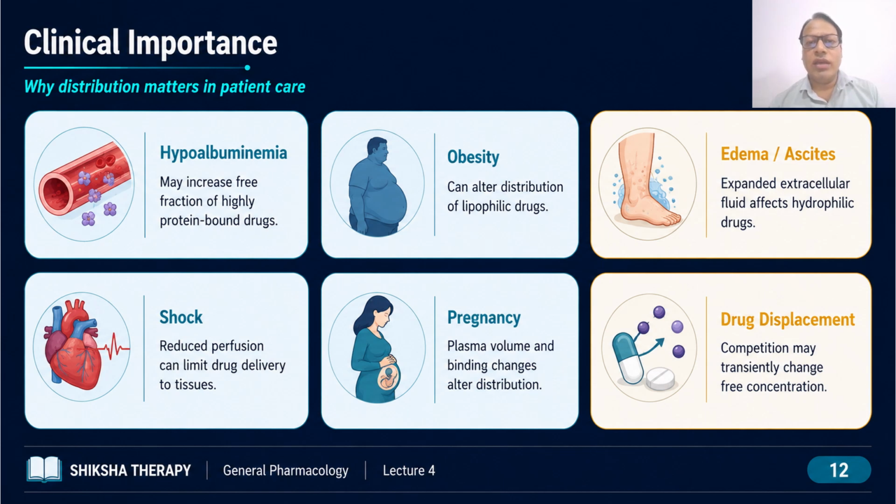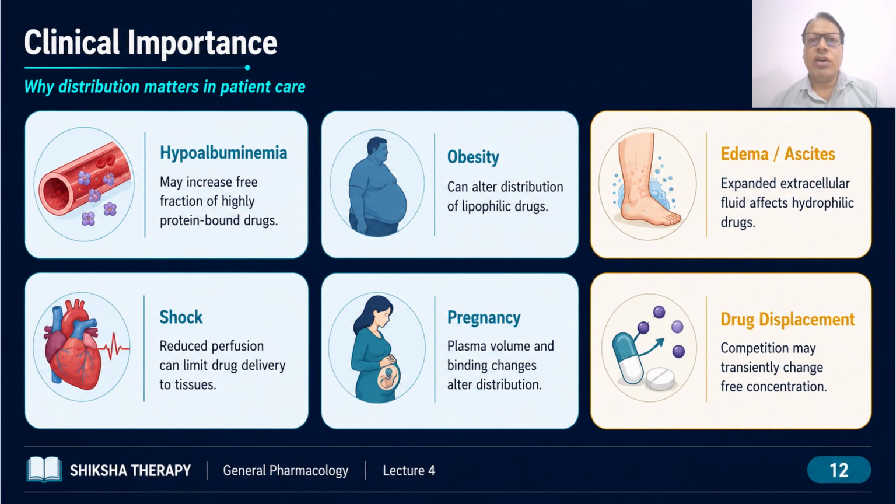drug increases. In shock, reduced tissue perfusion can limit drug delivery to different organs. In obesity, the distribution of lipophilic drugs may change because of increased adipose tissue. During pregnancy, changes in plasma volume and protein binding can alter drug distribution.